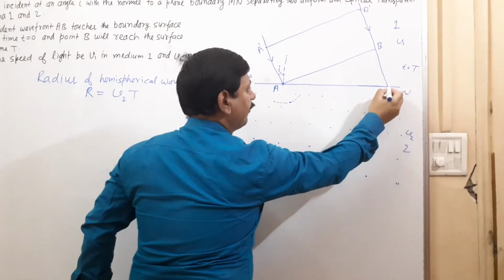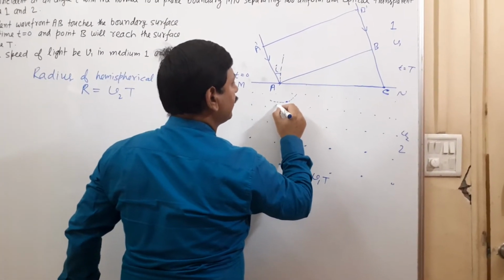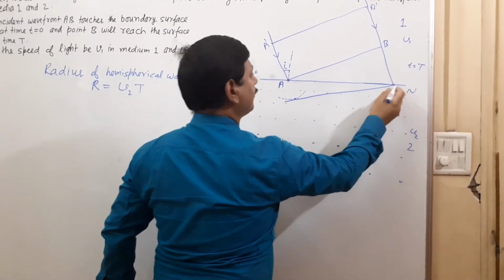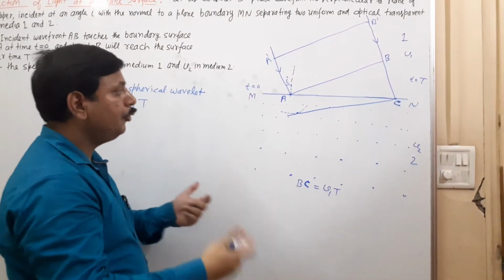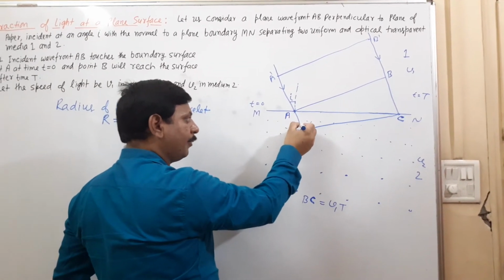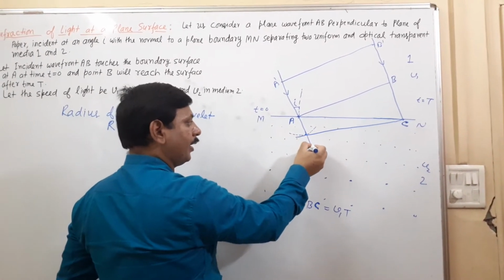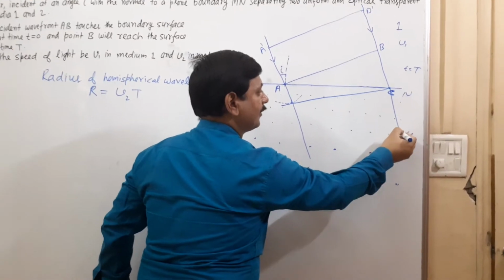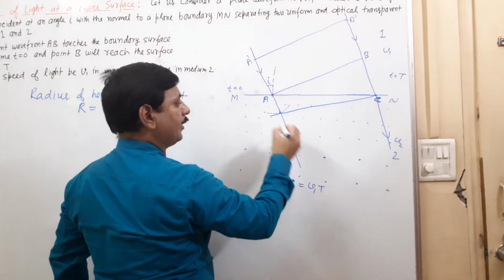If we draw from C touching the surface, this will be the touching surface. This touching surface will represent the new wavefront. If we draw a perpendicular line from here, this will be the direction of the ray.